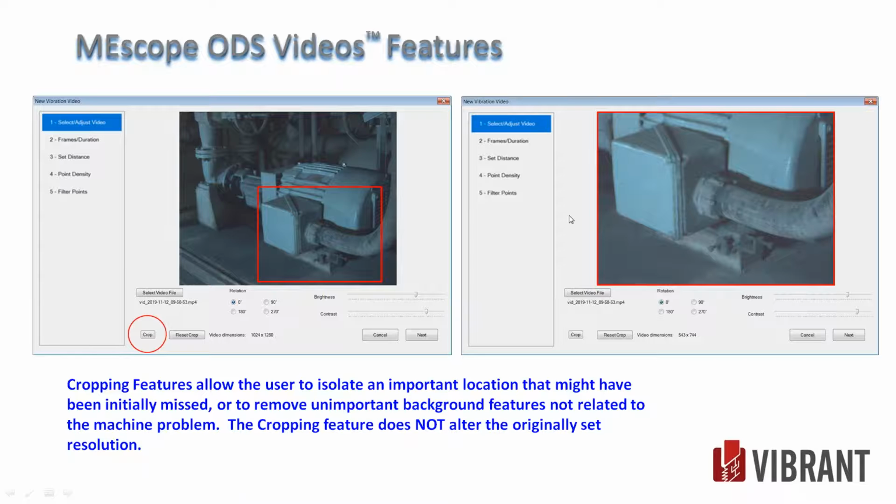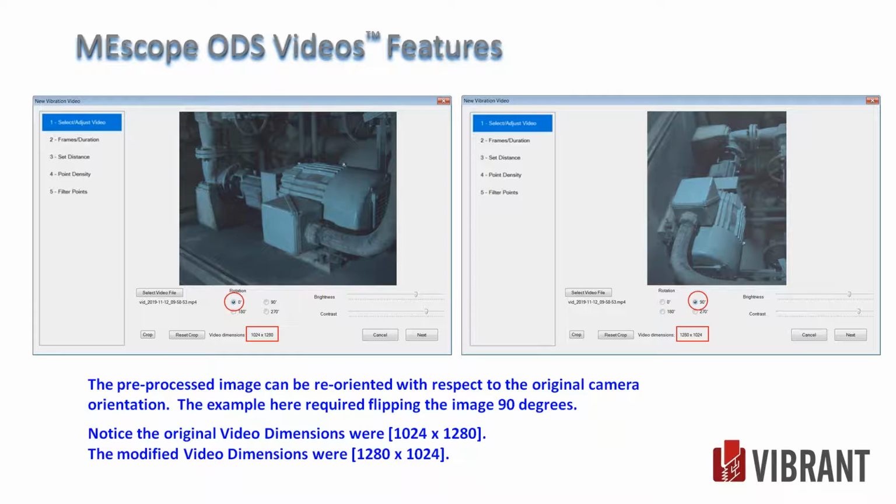Those are some of the things you pick out fairly easily with the ODS videos. It also has a rotation feature. So this would be if I had to turn the camera for some reason to get a vertical pump. It's not the case here, horizontal pump, so I don't really need it, but that's just showing you how it changes the axis for you so you can get a good representation.